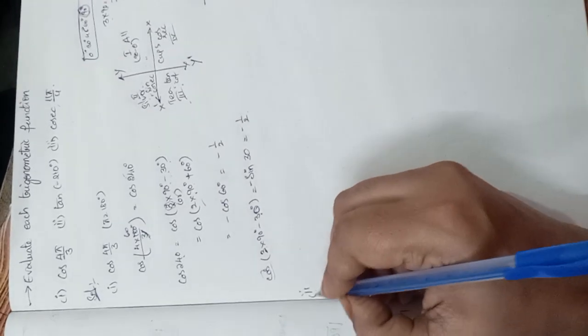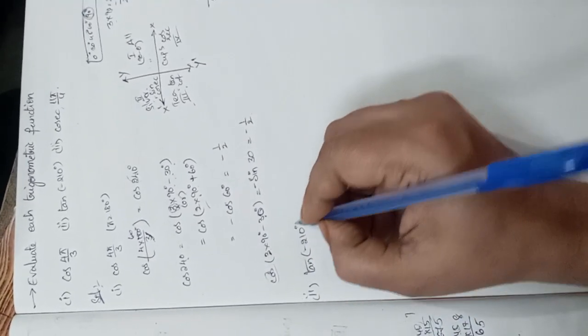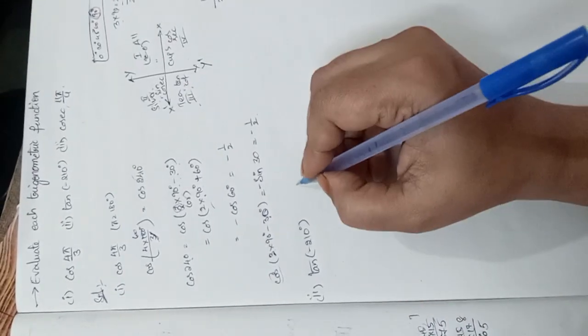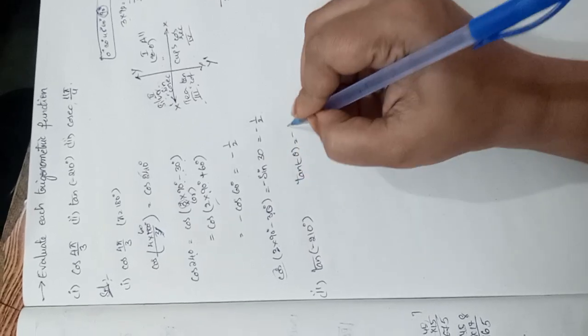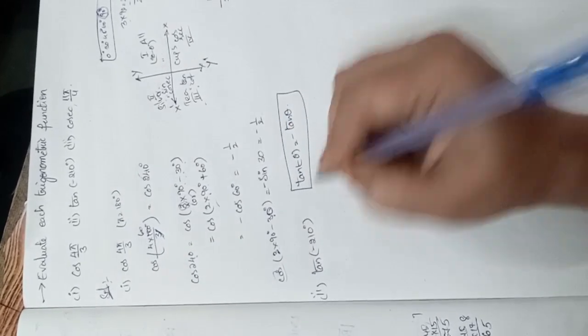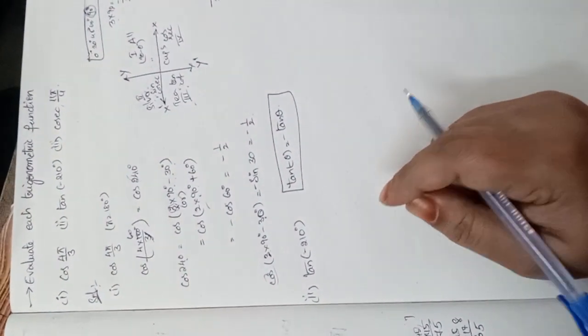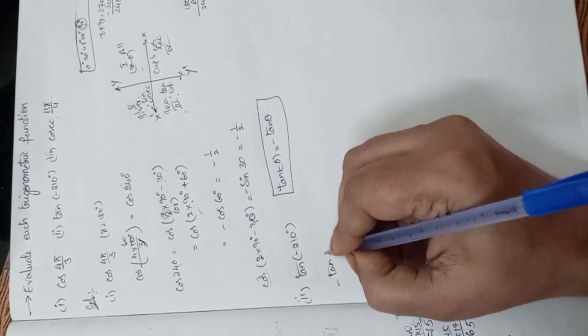Understood? Next, coming to the second part: tan of minus 210 degrees. We have tan of minus theta equals minus tan theta, right? So this is minus tan of 210.